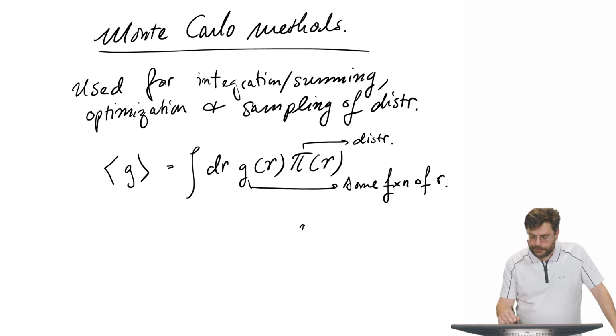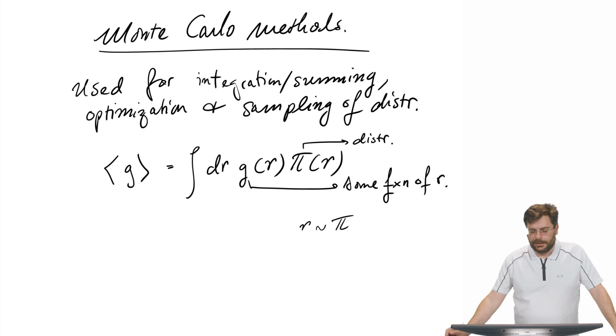Now suppose, and this is an important supposition, that I know how to sample r from this distribution. Maybe this distribution lends itself to the inverse CDF method, or maybe it's a Gaussian and I can use Box-Muller, or it's one of those distributions that I can analytically sample from.